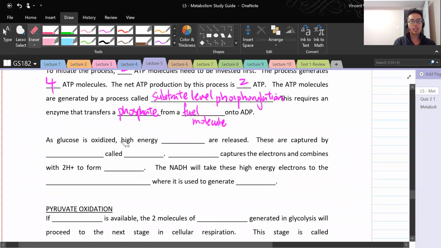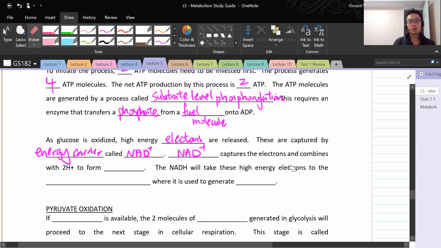As glucose is oxidized, high energy electrons are released. They are captured by an energy carrier called NAD+. There's no FAD yet. FAD only shows up in the Krebs cycle.